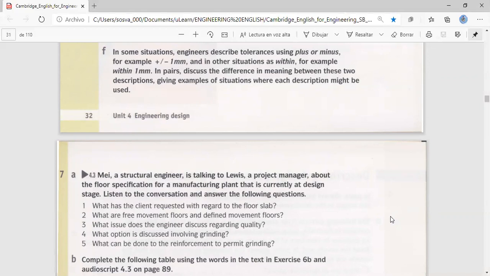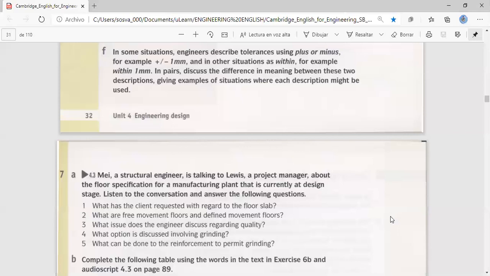When I use plus and minus, I consider the maximum and minimum of the range of the specification, within tolerance or outside tolerance. But when I describe with another difference, using minimum or maximum.